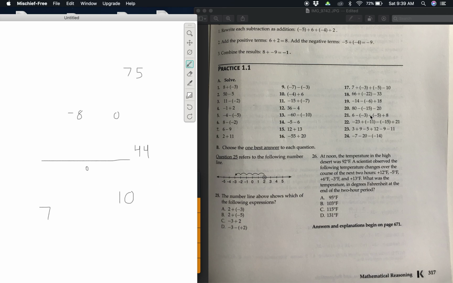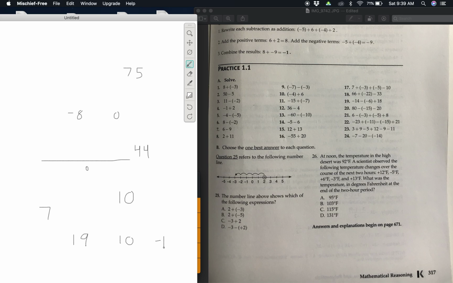Then we are plus 12. 7 plus 12 is 19. So, minus 9. We're at 10 now. Minus 11. Now we're at negative 1 because we had to take away 11. So that is your answer for 23, negative 1.